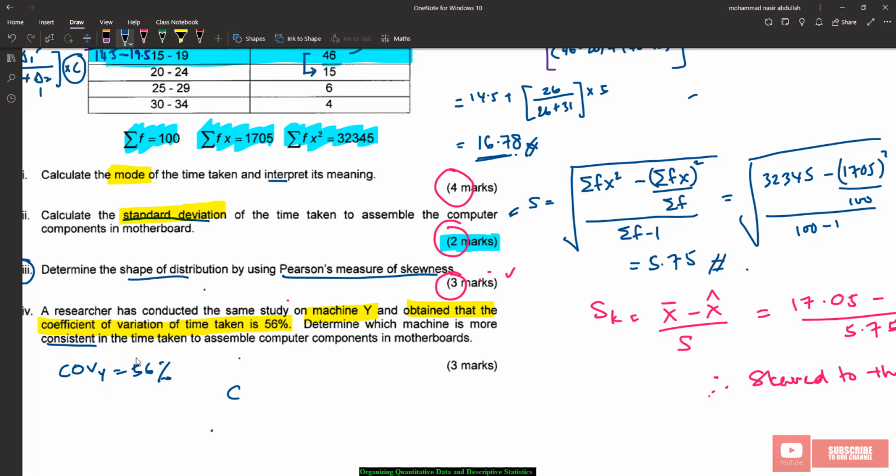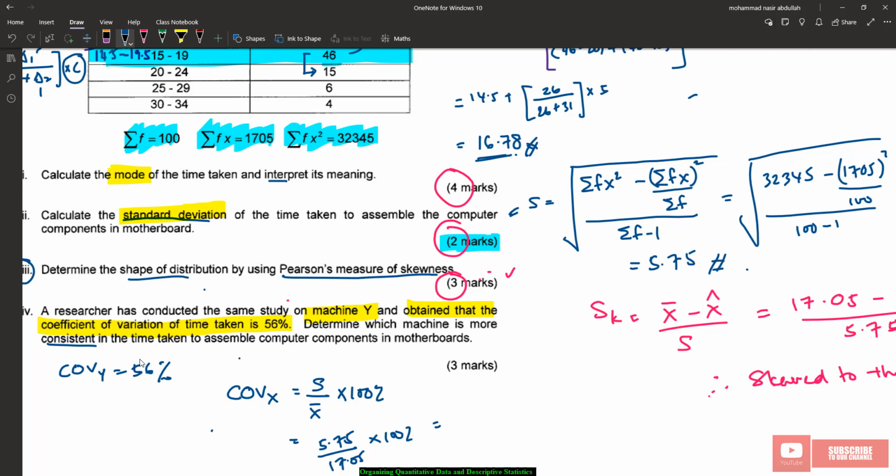So now, kerja you senang, coefficient of variation, this is machine X, right? So standard deviation divided by mean multiply with 100%. So our standard deviation is 5.75 divided by 17.05, our mean, multiply with 100%. This one should be equal to 5.75 divided by 17.05 multiply with 100.